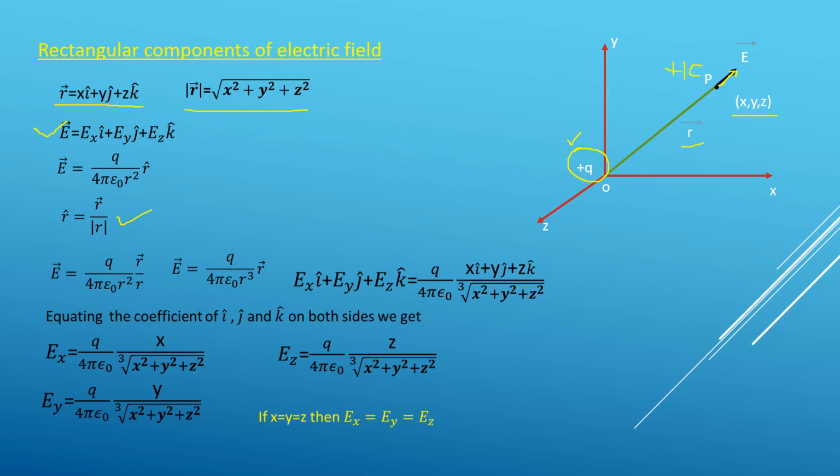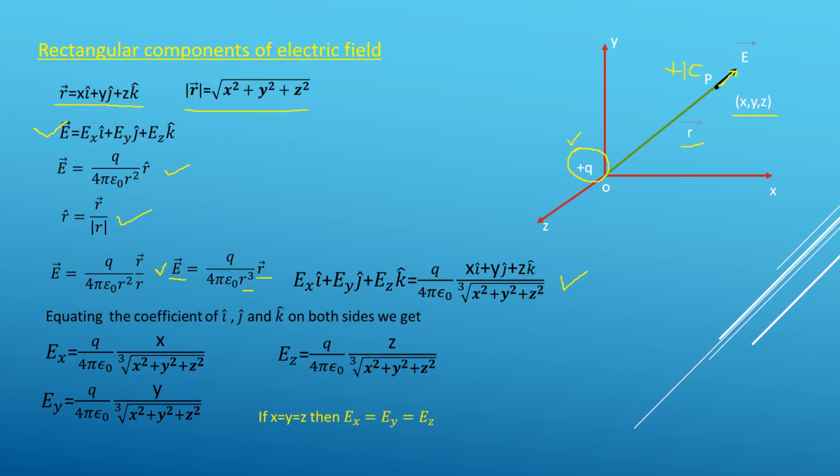Now if we put the value of r cap here, this becomes equal to q upon 4 pi epsilon naught r square, r vector upon r, or q upon 4 pi epsilon naught r cube r vector. When we put the value of E, r vector and mod of r, we will get this.